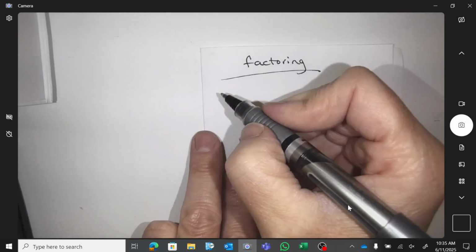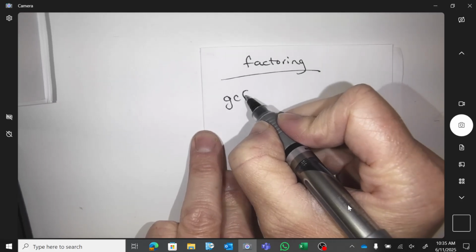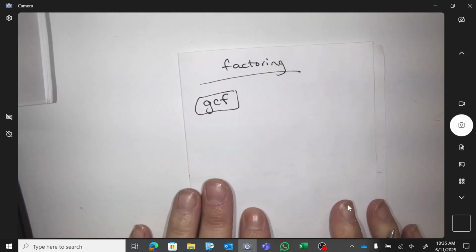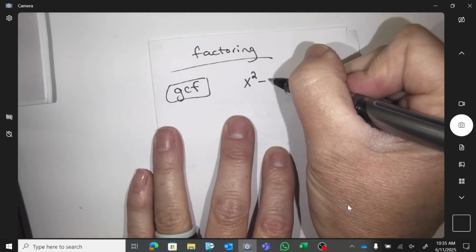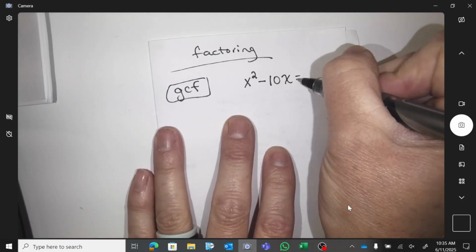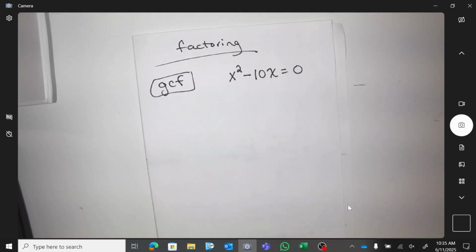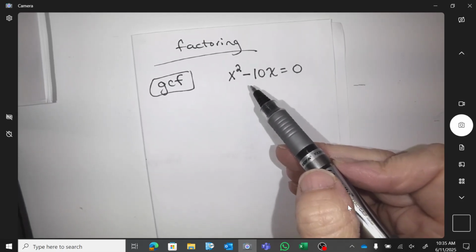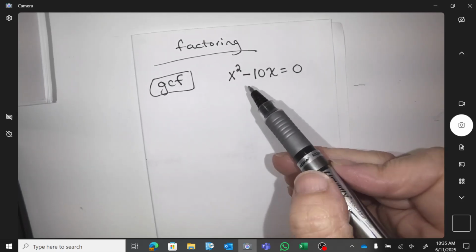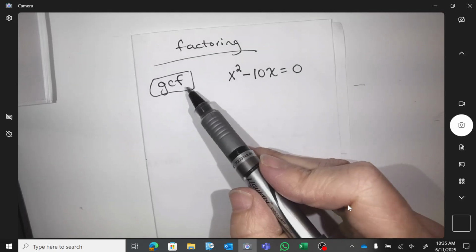Okay, so here we go. We have one called GCF. Why is it called GCF? Because I have two terms and they each have a common factor in them. That's why the CF, common factor.